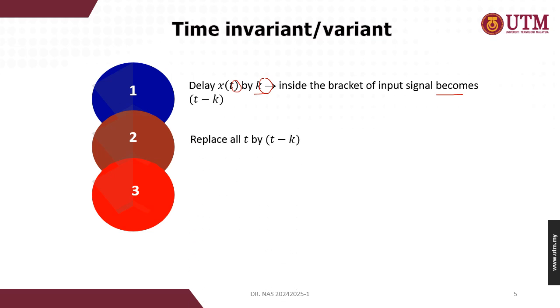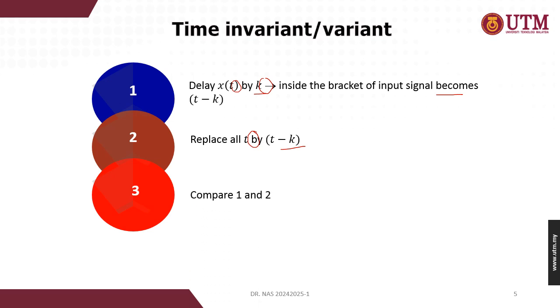The second step, you need to replace all t, inside and outside the bracket, by t minus k, or n minus k if the system is a discrete time system.